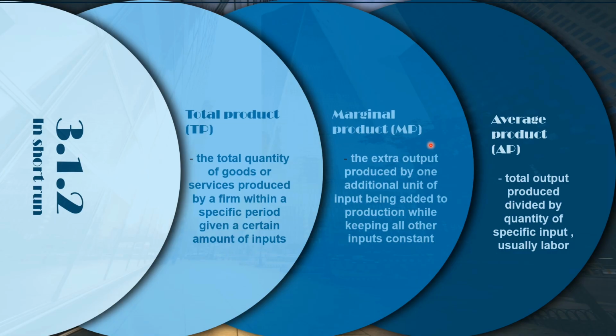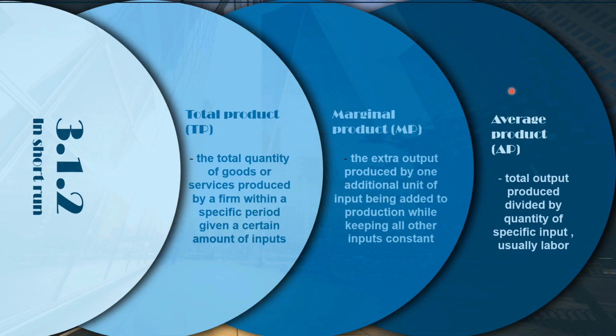And marginal product is the extra output produced by one additional unit of input being added to production while keeping all other inputs constant. Here we can say that marginal product is the differentiation of total product.